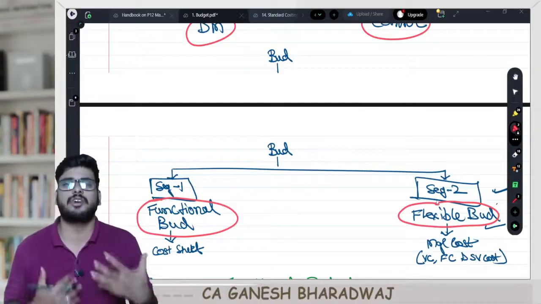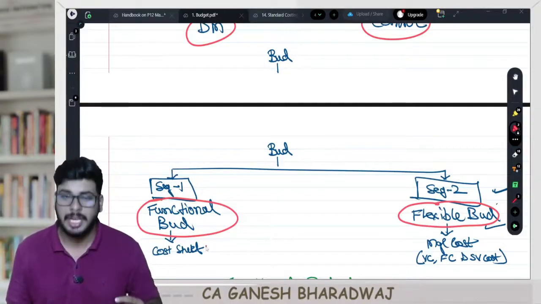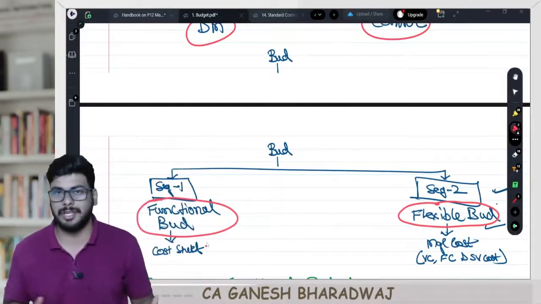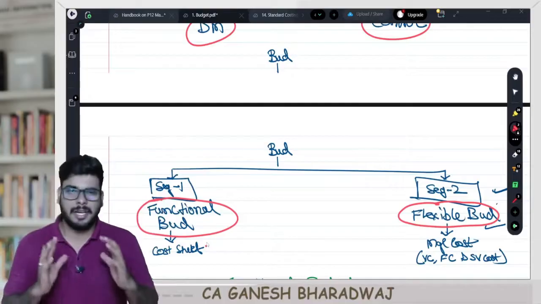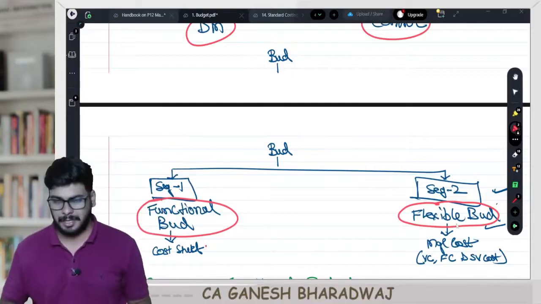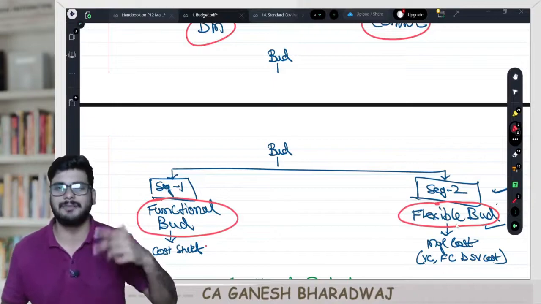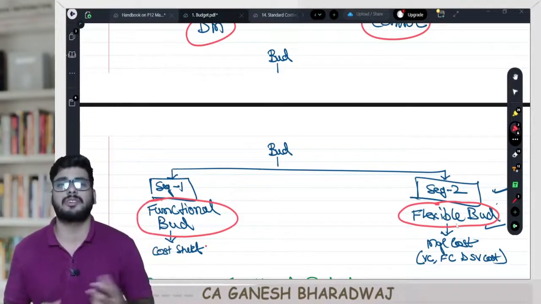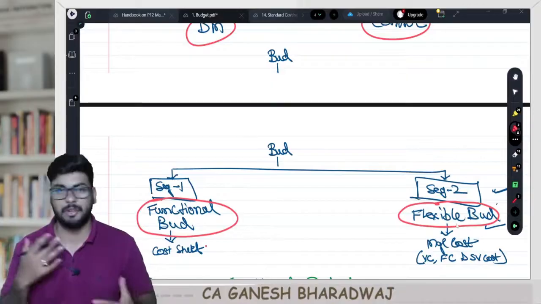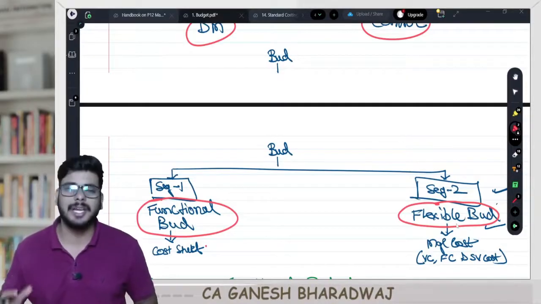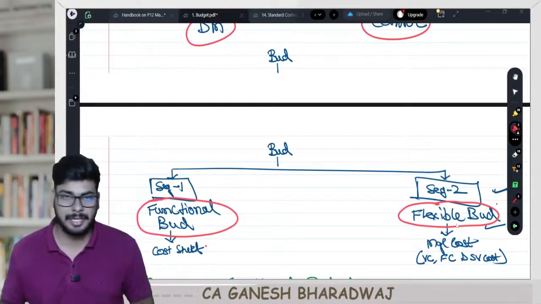Functional budgets, the concepts involved here are similar to the one that you would have studied in paper 8, cost accounting. There is a chapter called cost sheet. If not, it's still fine. And here the flexible budget concepts revolve around the concepts of marginal costing. Like, it revolves around your variable cost, fixed cost, and your segregation of semi-variable cost into fixed and variable. Some basic common sense driven area. With that, you can finish off this particular chapter easily.